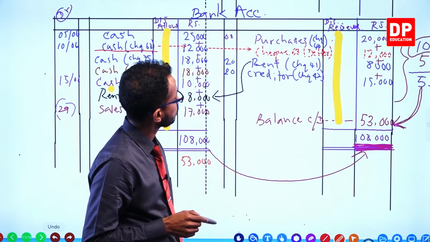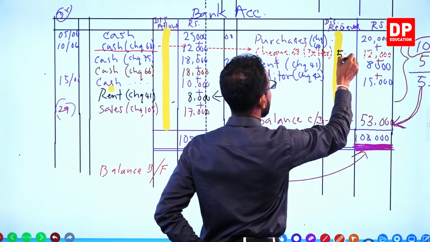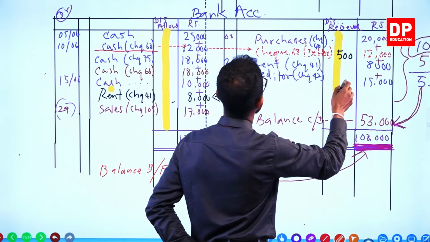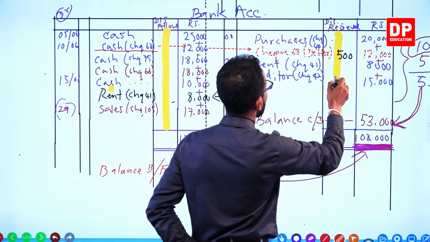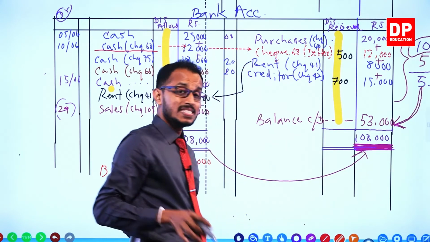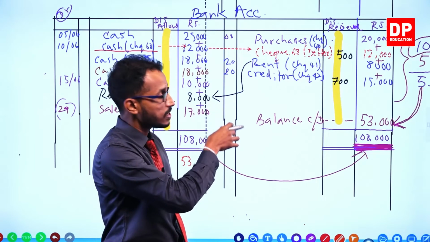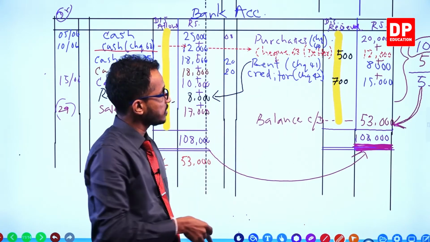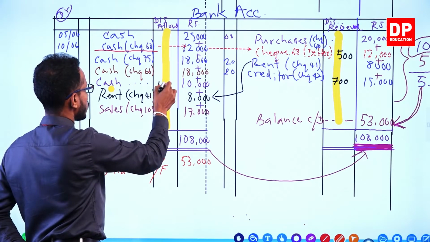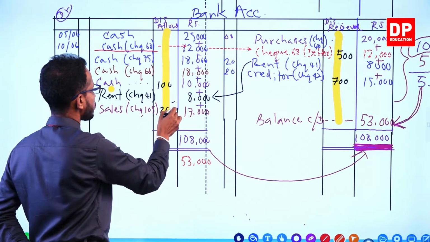Let's say there was a discount here, 500, and another discount, 700. Just for an example, if these discounts were on this side, and somewhere here also there was a discount of 100 and 100 and 250.